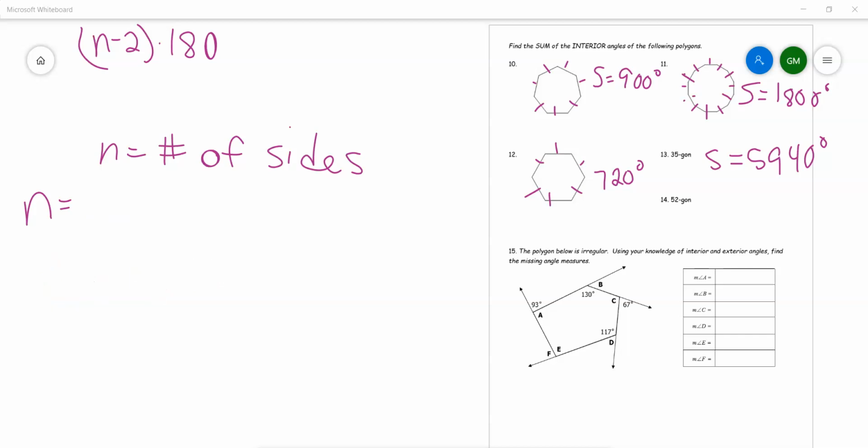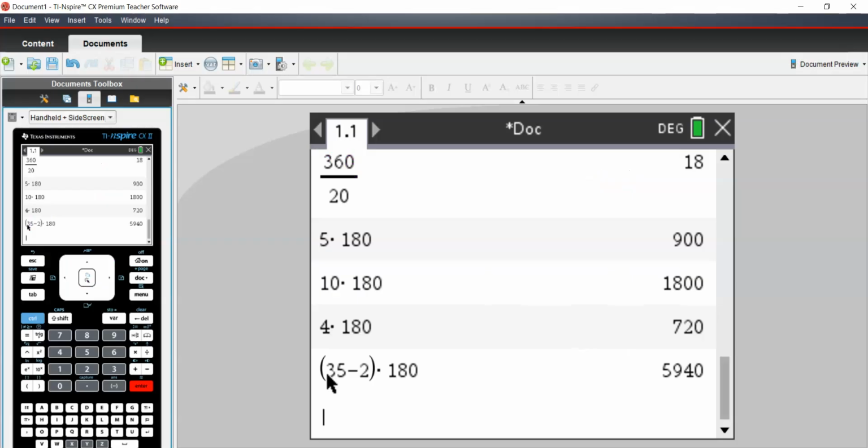All right, finally for number 14, it asks us to do a 52-sided polygon. That's a lot of sides, almost circular. Remember Flatland? All right, so we're going to go with 52 minus 2 times 180. And let's go ahead and do that.